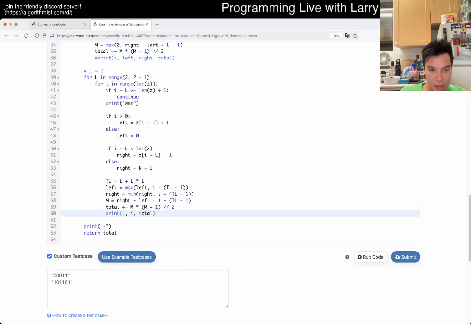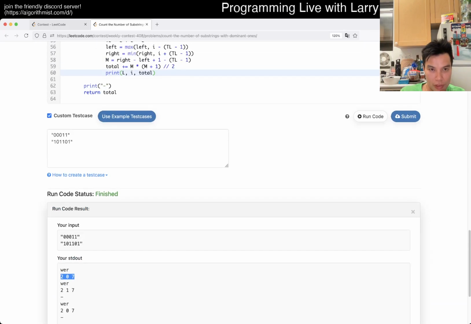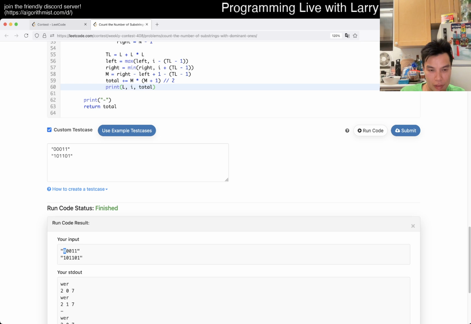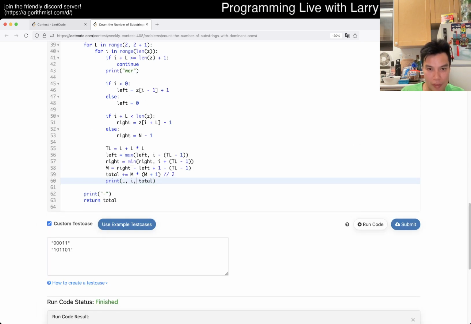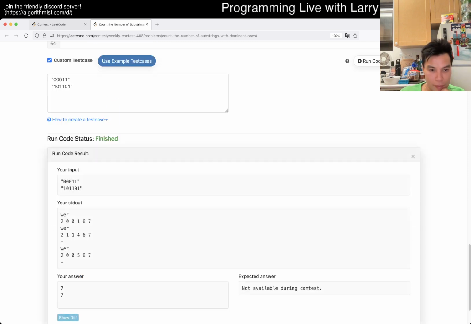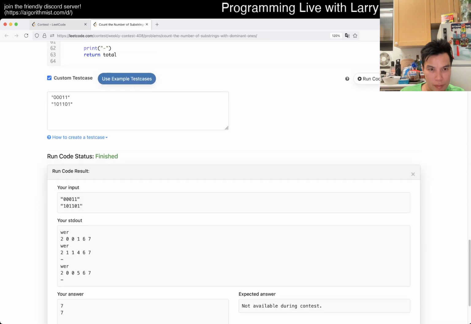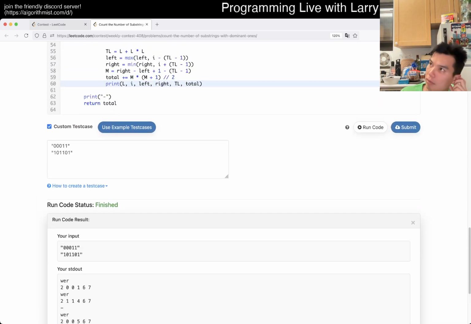2, 0, and 7. Okay, length for 2 at 0. Okay, so then you have left, right, TL. I think I have to do some maths a little bit differently, but maybe not.